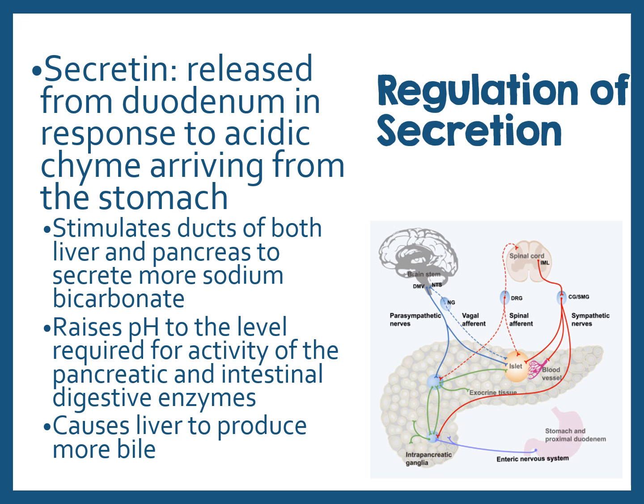It's also going to raise the pH level that is required for some of these pancreatic enzymes and intestinal digestive enzymes. Some of them won't work or they'll be harmed by a low pH. So the sodium bicarbonate raising the pH level is going to allow these enzymes to start working.